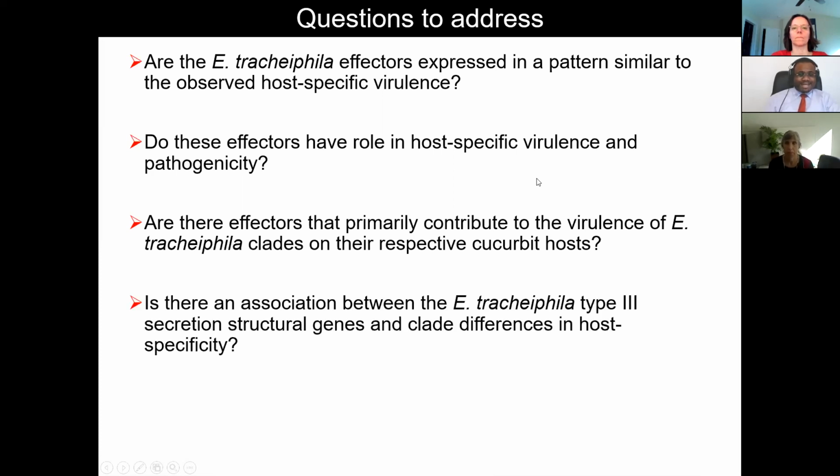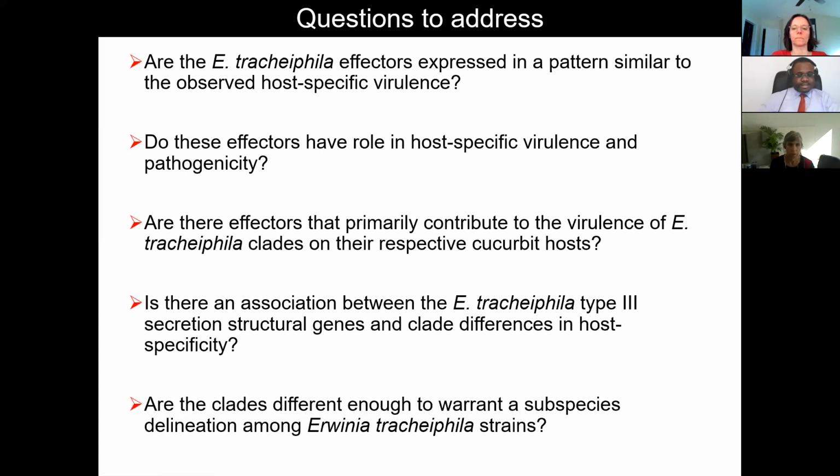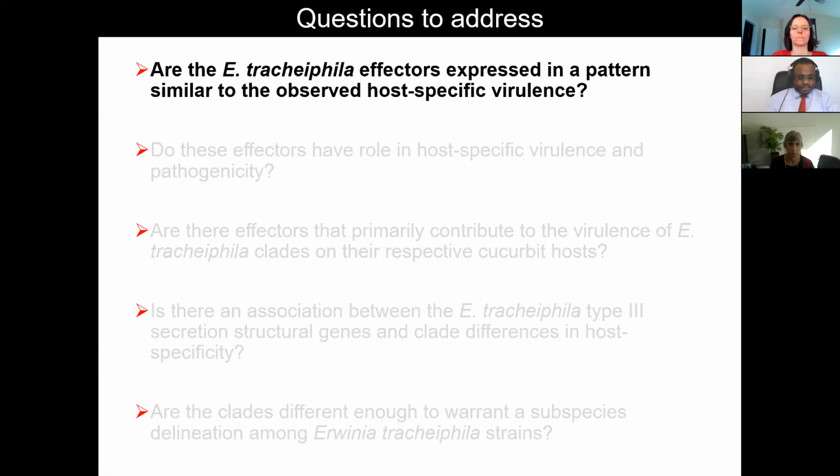And is there an association between the Erwinia tracheiphila type III secretion structural genes and clade differences in host specificity? And lastly, are the clades different enough to warrant a subspecies delineation among Erwinia tracheiphila strains? Now let's begin to address these questions one after the other.